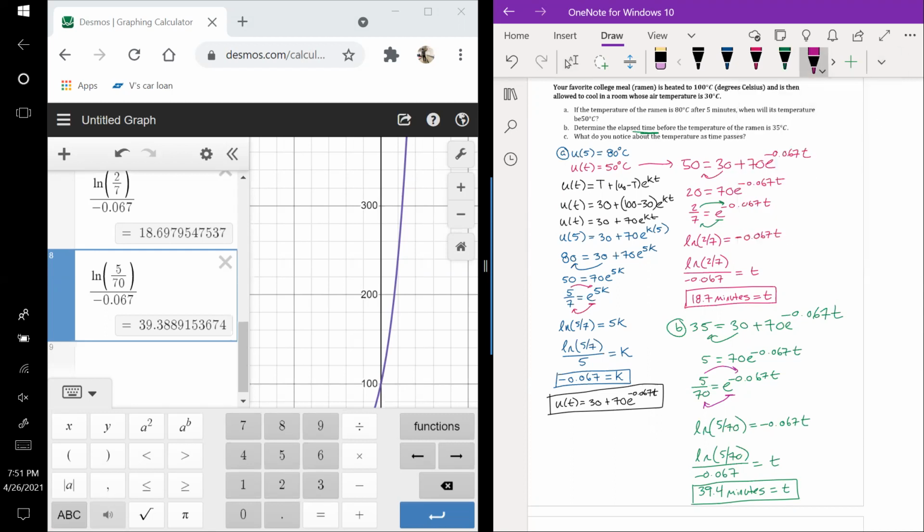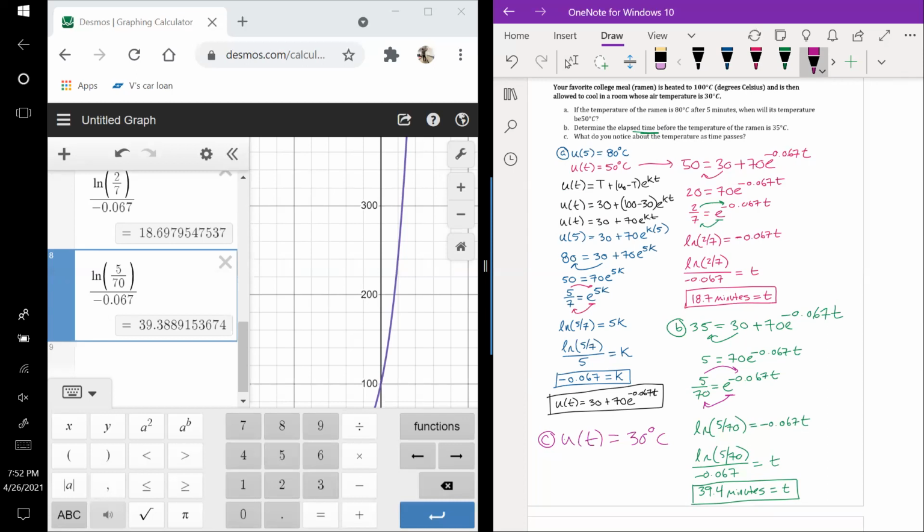So as time goes on, it can't get lower than 30, right? No. There you go. So for C, we'll say U of T will be 30 degrees Celsius. As time passes, we see that the ramen is cooling and cooling to the room temperature of 30 degrees. All right, cool.